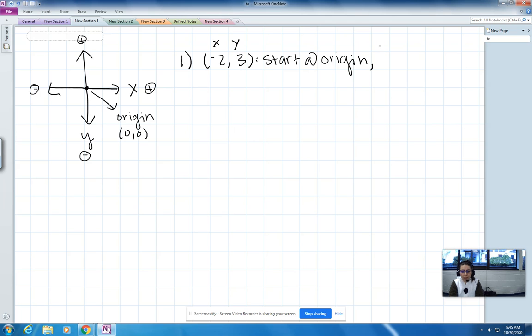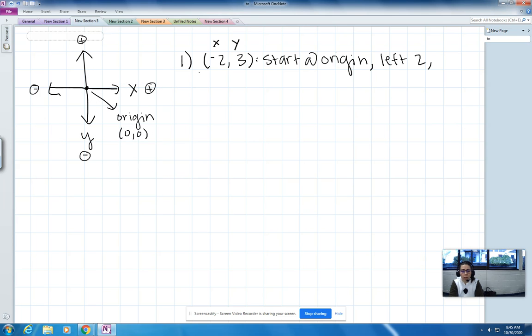First, we're going to look at the x direction. We are going to walk in the x direction. So we're going to say, okay, if x is negative 2, does that mean I move left 2 or right 2? Well, if we look at our coordinate plane, the left side is the negative x's. So that means we're going to move left 2 spots. So our pen started in the middle, in the origin, and we moved left 2 spots.